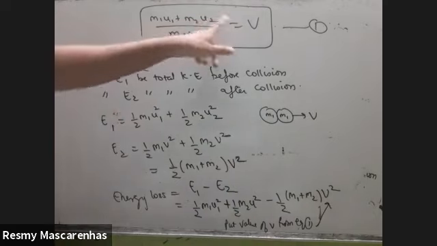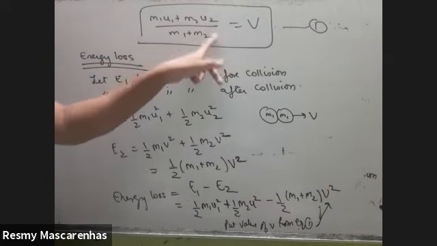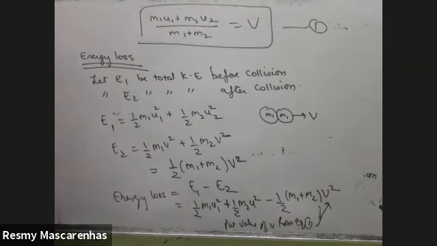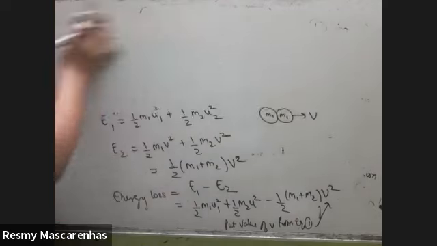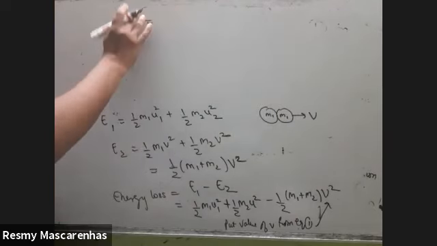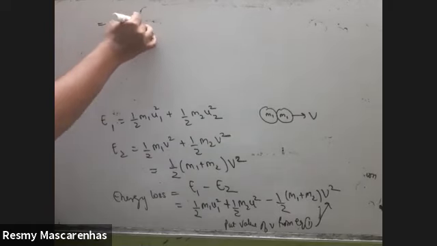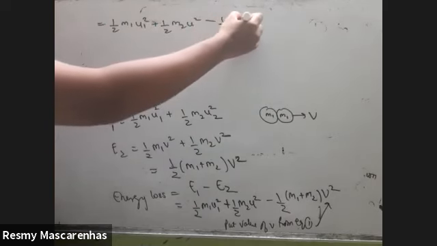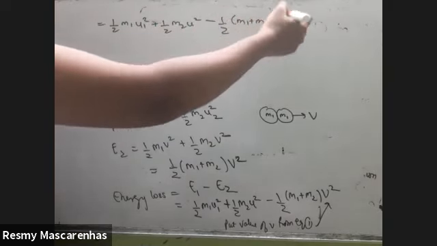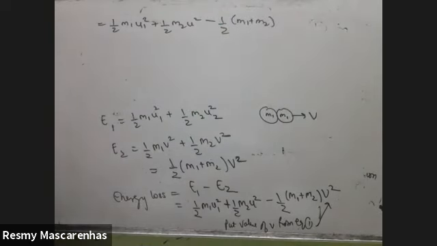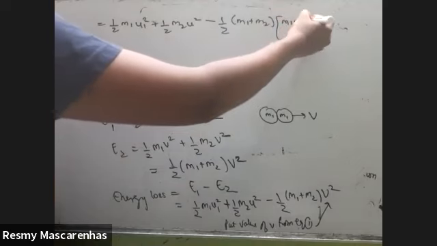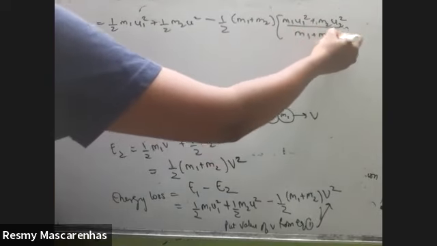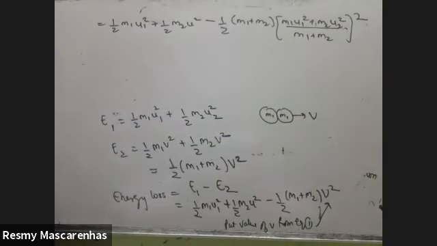You know the value of v is this. So substitute it here. It will become square because we want v square. So the whole thing will be squared.